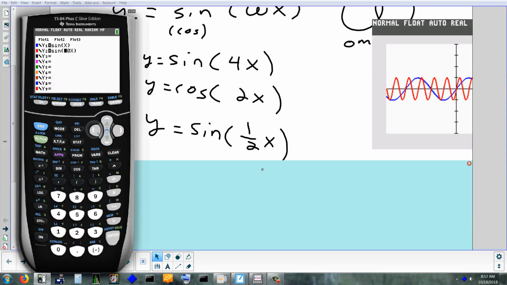Yeah. What it's going to do is it's going to make it longer. Put 0.5 because that's easier to type in than a half for me on this. So what's happening now is it's doubling the length of it. Okay, that's how you think of it. 1/2 makes it twice as long, where 2 would make it twice as compressed. Okay.